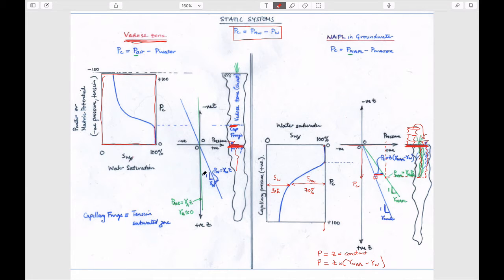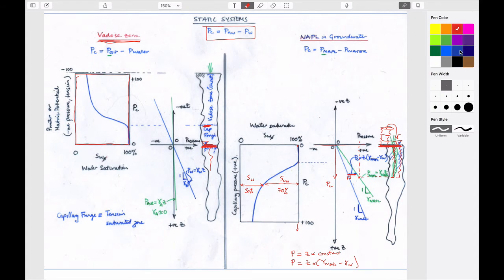But it's not. The analog is this. In the same way as you go below the water table, as we did here, the fluid pressure in the water is going to build linearly, like this.